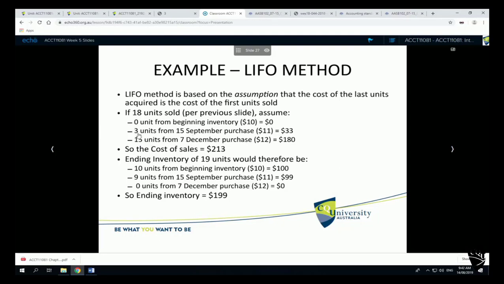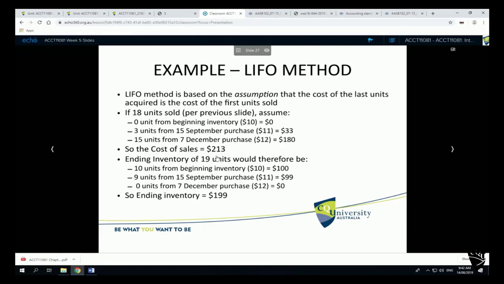Then we would have sold the remaining 3 of the 18 that we sold from the 15th September purchase, the earlier purchase, at $11 each. So our cost of sales would be $213 in this case under the LIFO method.